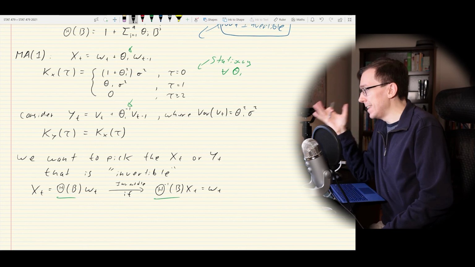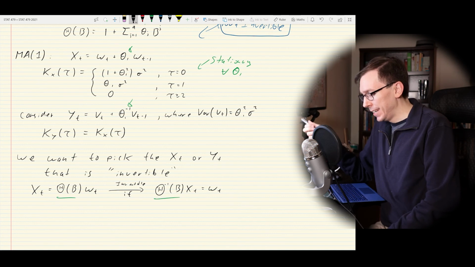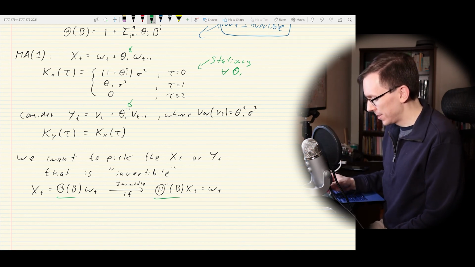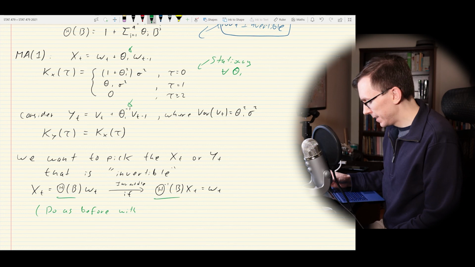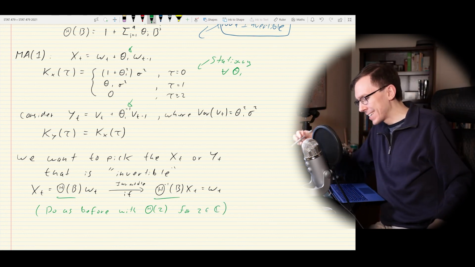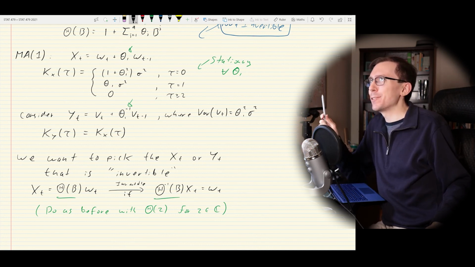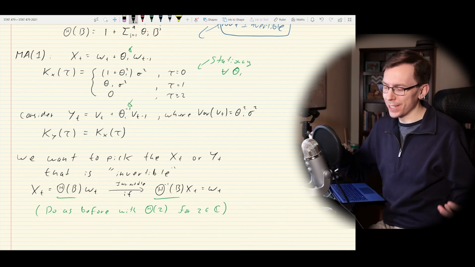And in this setting, it's really just doing exactly what we did above. So the point is we can do as before, considering theta applied to some z, for z a complex number, and then we can proceed working through that to determine whether we have a power series representation whose radius of convergence is at least 1.